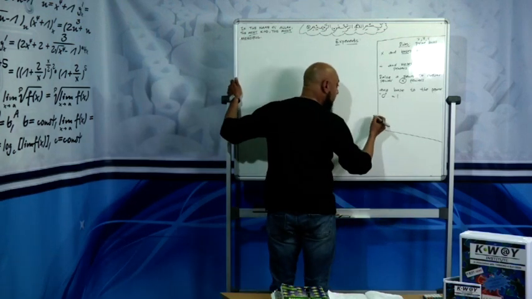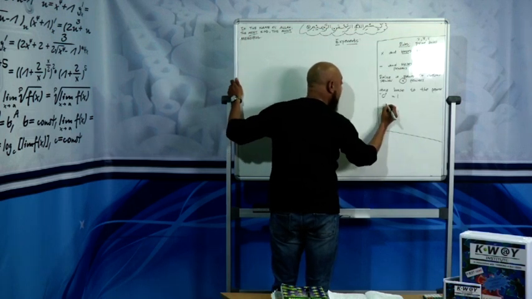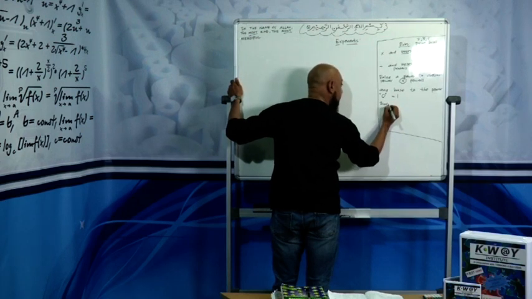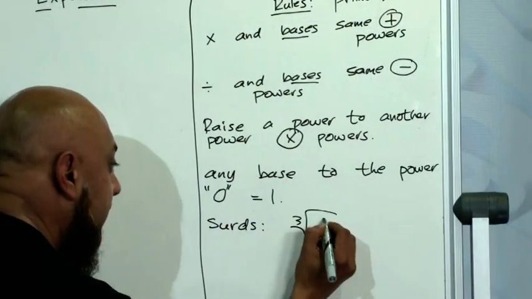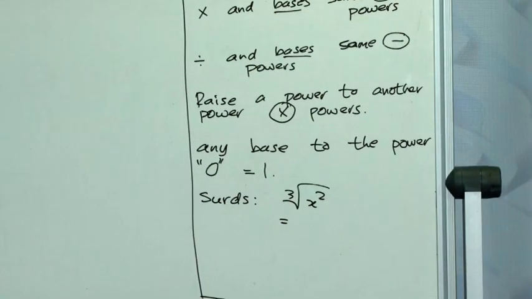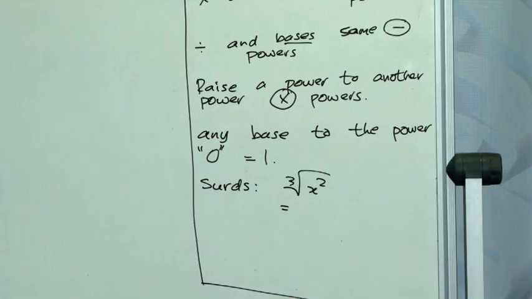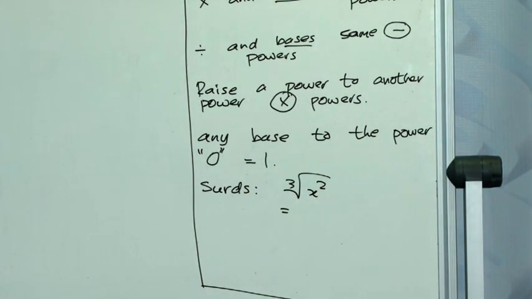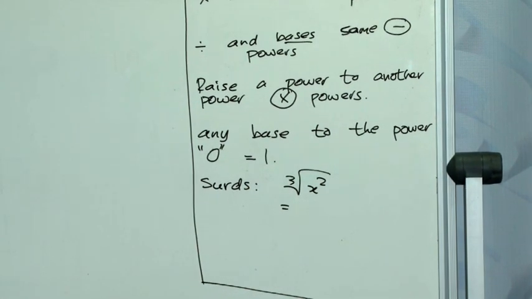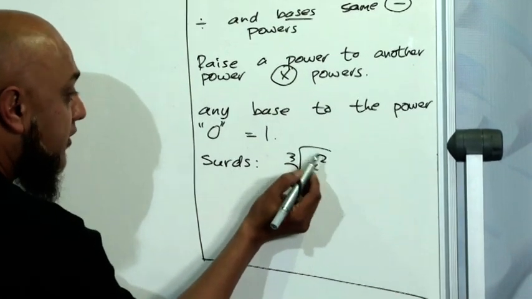Something to remember: I'm going to do the rules of exponents and surds in the same block of rules. With regard to surds, if I have the cube root of x squared and we need to remove the surd, these are important concepts, and you're going to see us applying these rules in the problems. So to remove the surd, would you say x to the power 3 over 2 or to the power 2 over 3?